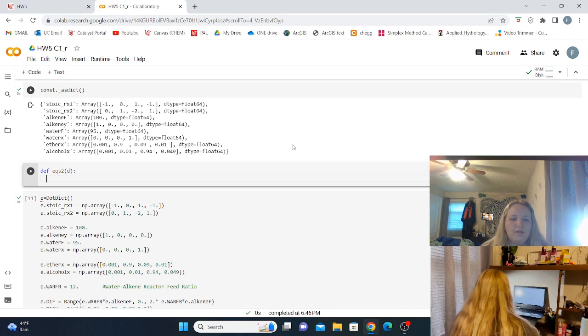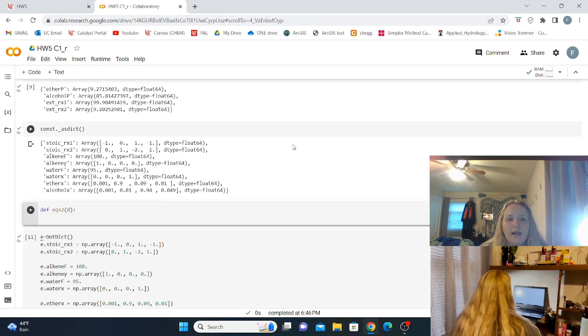Now that that is defined, let's put in our first equation, which is going to be for our reactor feed. Let's call this reactor_feed. This is going to be equal to basically all of our feeds multiplied by their compositions.